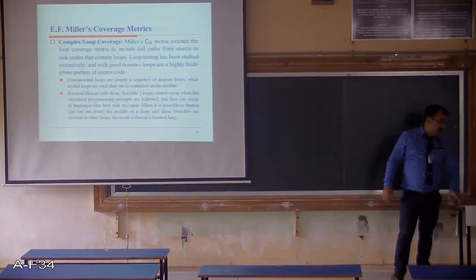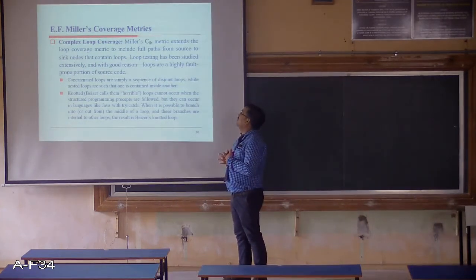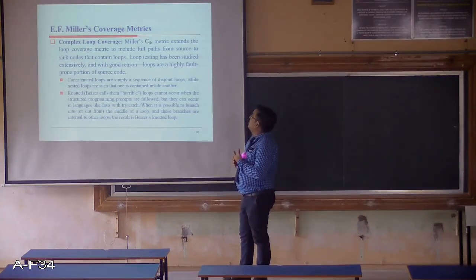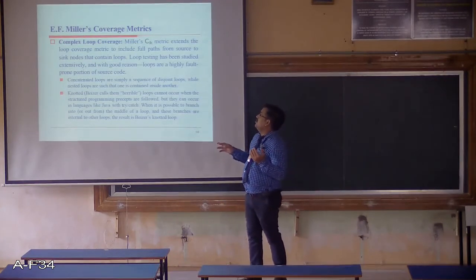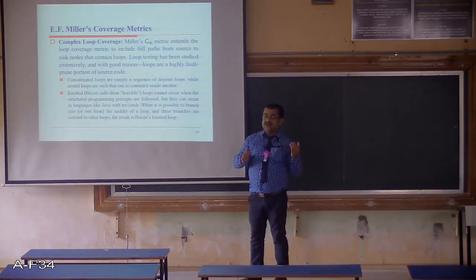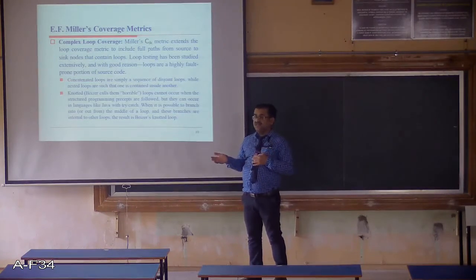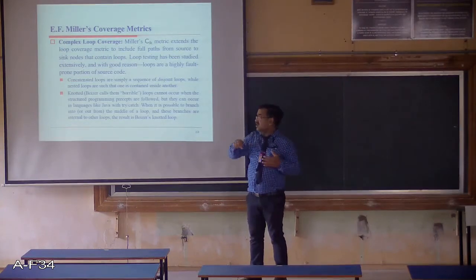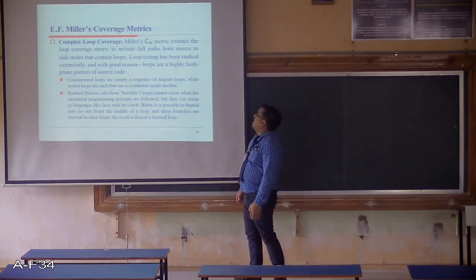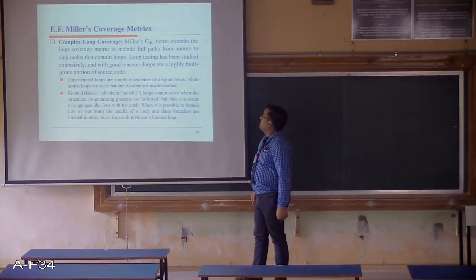Another is complex loop coverage. Miller has given it by C-ik, which extends the loop coverage matrix to include the full path from the source to the sink. So these are coverages where the test cases lead to the testing of paths from the source to the sink nodes, and basically it leads to the checking of complex loops.